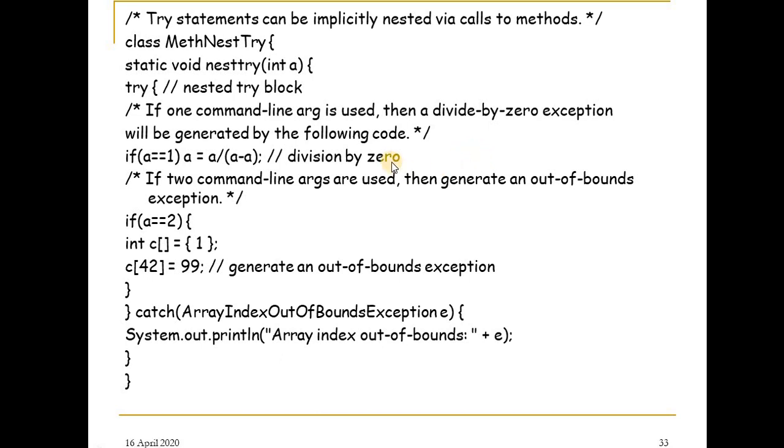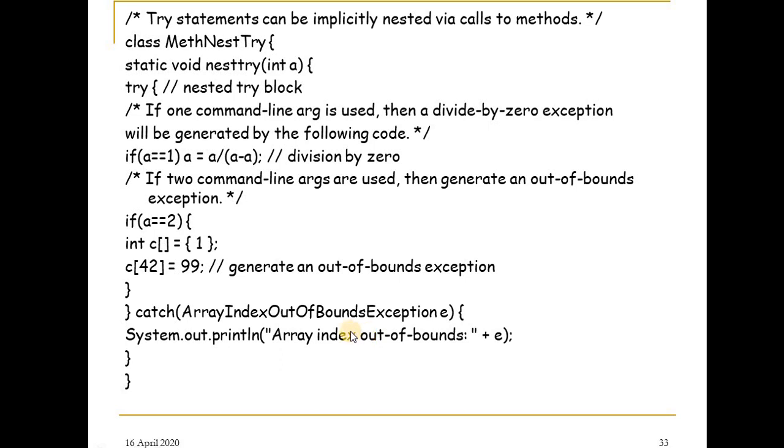This divide by 0 exception, whenever it occurs, immediately the control will get transferred to the catch block. Since the catch block over here will handle only array index out of bound exception, it cannot handle that arithmetic exception which got generated.